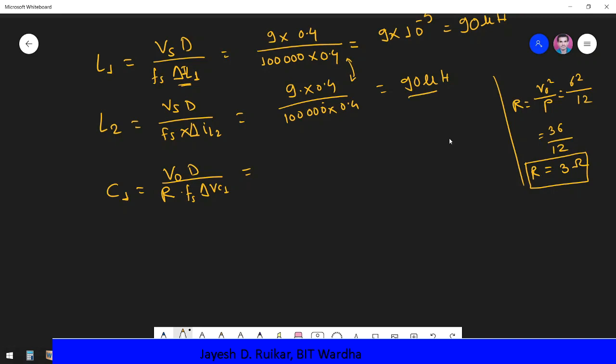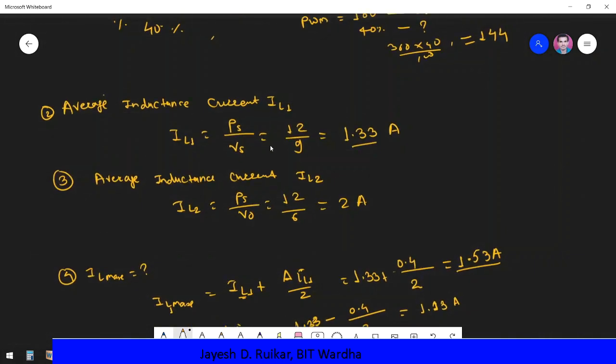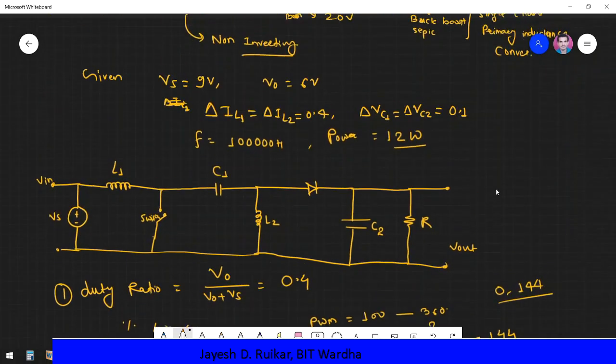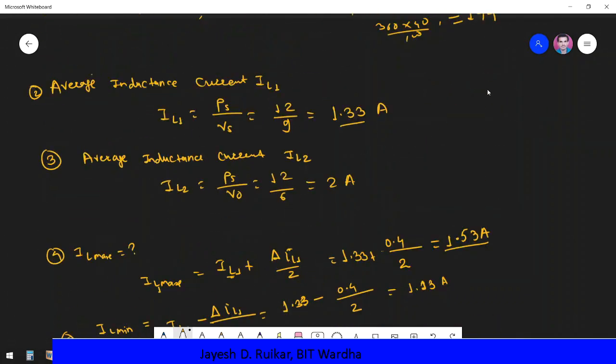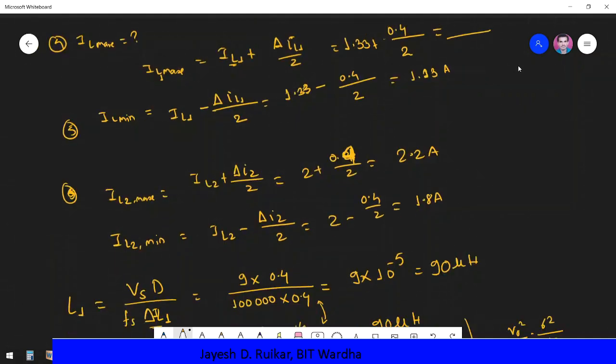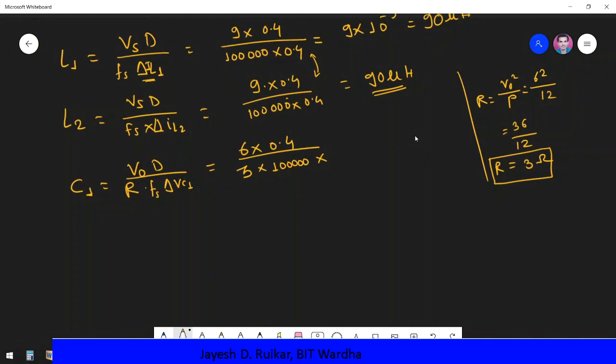L we got 90 microhenry. Now we'll put the values. The Vout value is 6 multiplied by 0.4, divided by R value, 3 ohm, multiplied by 1 lakh, and then multiplied by delta VC, or you can say ripple voltage. I don't know whether it has been given in the problem, but the change in VC1 and VC2 has been given as 1%, so they have considered 0.1.